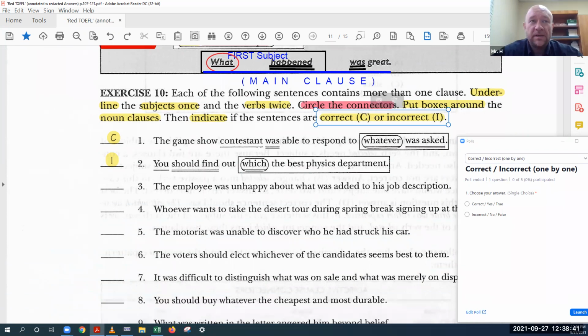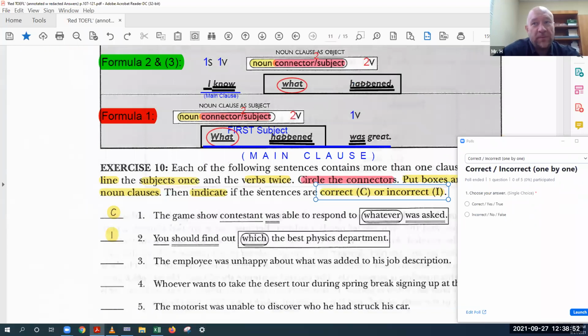Indicate correct or incorrect. Let's do number one. Just don't read it, but use the formula. First of all, tell us the formula. Which formula is it? And then use the formula to explain it.